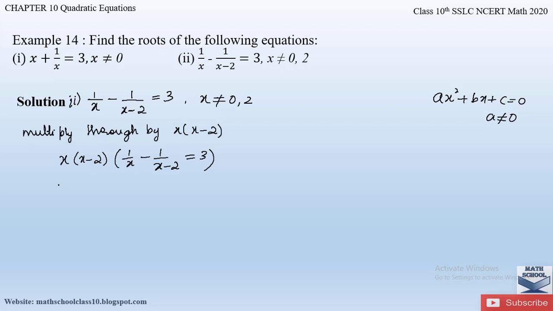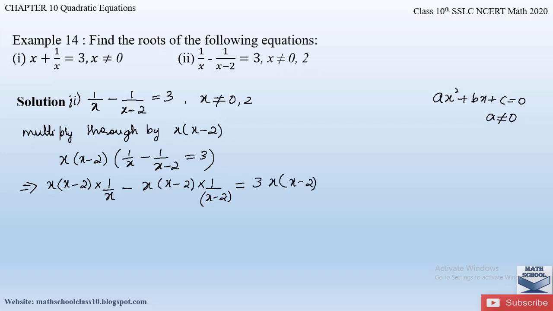So if we take the first part of the equation, that is 1 by x, and multiply it with x into x minus 2, we will get x into x minus 2 into 1 by x, minus x into x minus 2 into 1 by x minus 2, is equal to 3 multiplied with x into x minus 2.